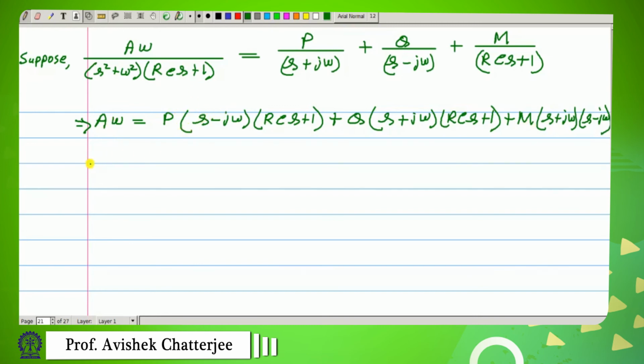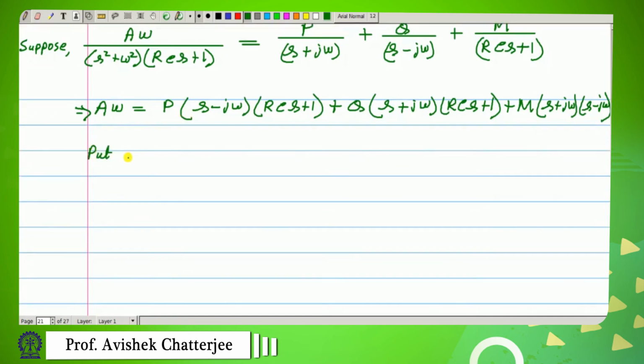Okay, then this is an identity true for all values of s. So let me put s equal to j omega. Then we will get A omega equal to, this term will be 0, so 0 plus q into this will be 2j omega, then this will be 1 plus j omega RC, plus this will be again 0.